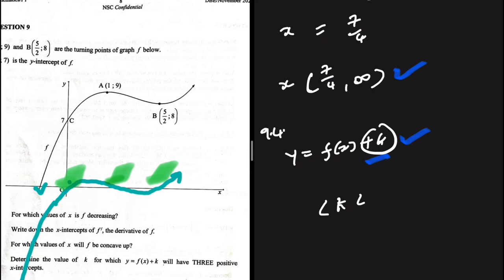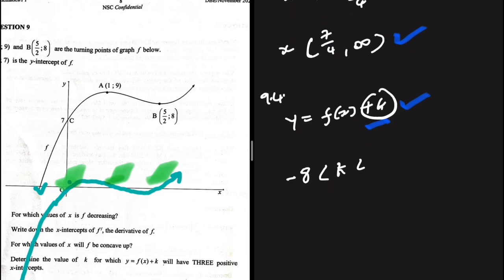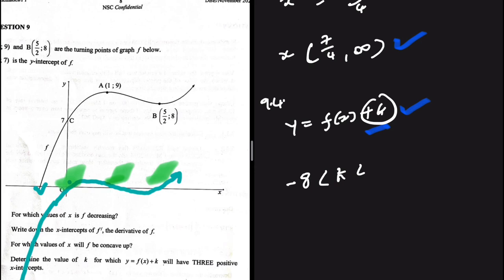If k is greater than minus 8, our condition is satisfied. Because, for instance, if k is minus 8.5, then we achieve 3 positive intercepts.